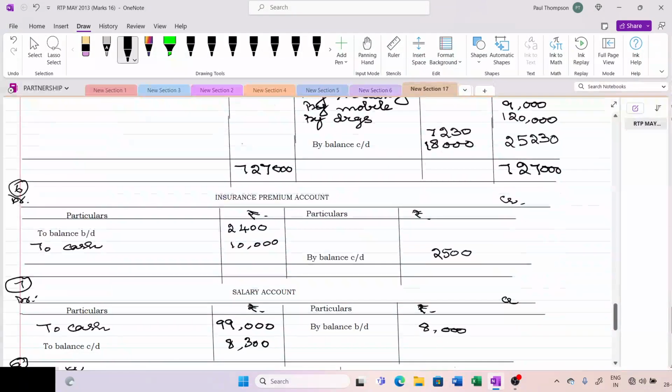Now moving on to the next item, insurance premium 12,400. If we subtract this, this will be 9,900. I think correct. 9 plus 1, 10, 14. Yes. Now this you have to write by P&L account. This account is getting credited, but P&L account will get debited with 9,900.